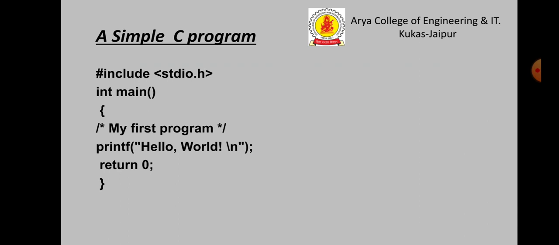Then the curly bracket starts and we write printf hello world. Printf is a function that is included in stdio.h, as we saw in our previous header files, and the printf statement prints the hello world statement. Then the curly bracket closes.